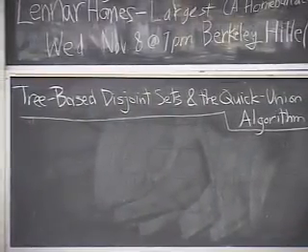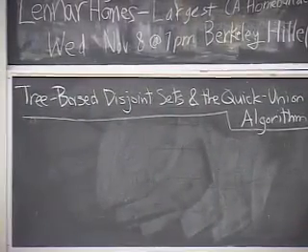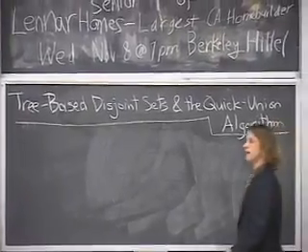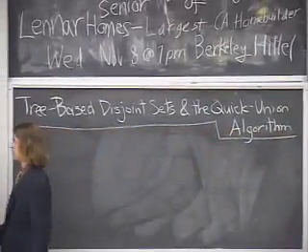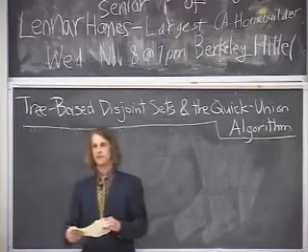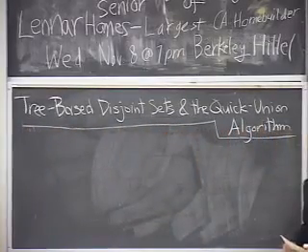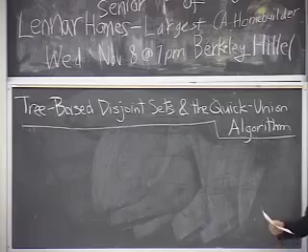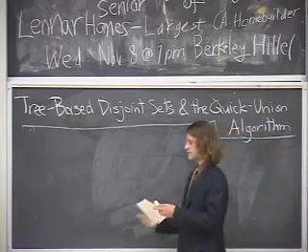With the quick union algorithm, union will be the faster of the two operations. In fact, union will run in constant time. Find will be slower, but not much slower. One problem is it's actually pretty complicated to say exactly how slow it is. But let's look at the data structure.